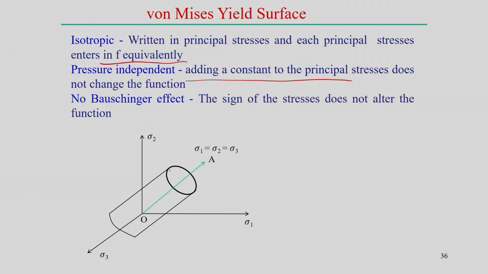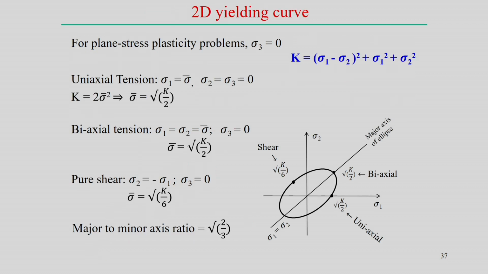We can represent the yielding graphically. This is the yield surface, and this axis represents sigma 1 equal to sigma 2 equal to sigma 3, and the yield surface can be here also. That means it is independent of the hydrostatic stress component. Now, from the 3-dimensional yield stress components to a 2-dimensional curve, we try to discuss that.